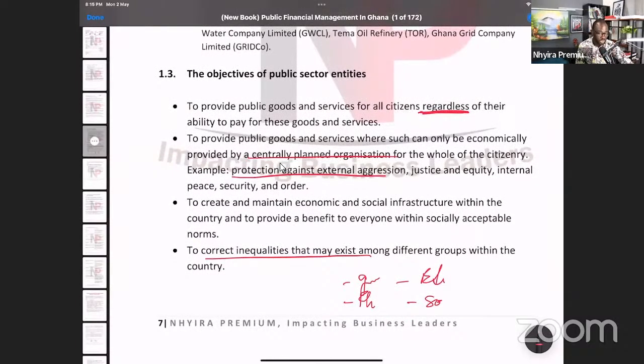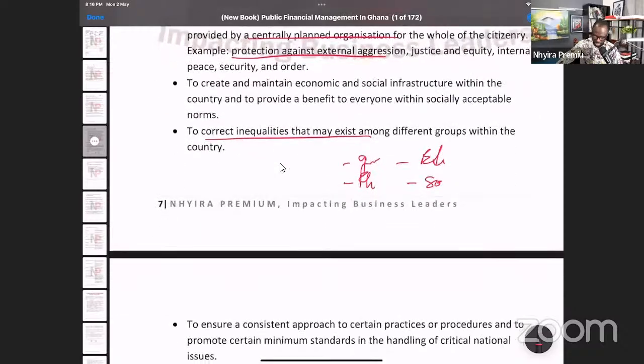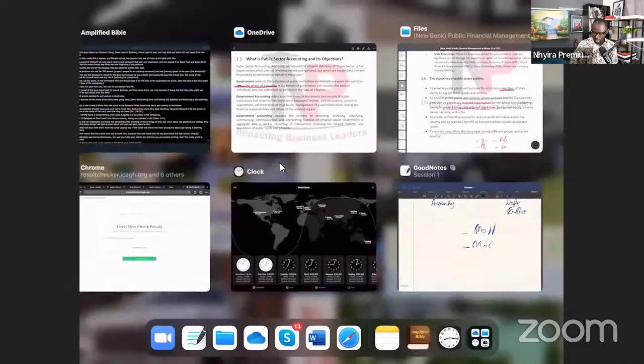Providing goods and services irrespective of people's ability to pay; providing goods and services that can only be provided by government because you cannot charge anybody for that; providing infrastructure facilities to people; correcting inequalities among different classes, the middle class, the upper class, and the lower class; and then number five, most importantly, being consistent in the approach on practices. These are the objectives of public sector entities. And this is why we are doing what we are doing. Any questions, please?